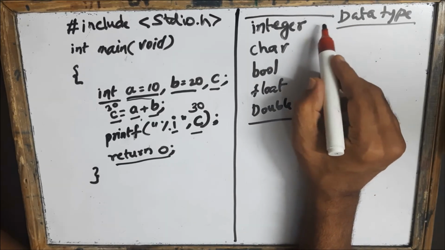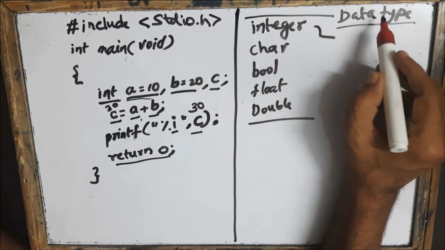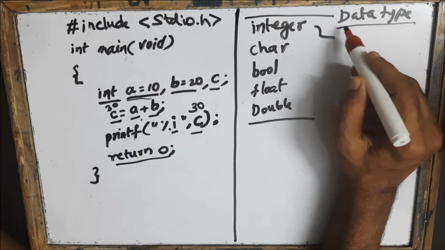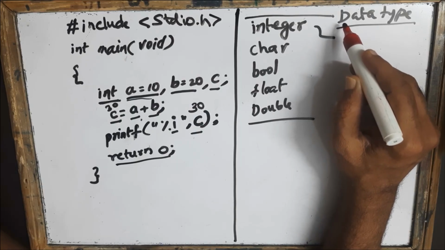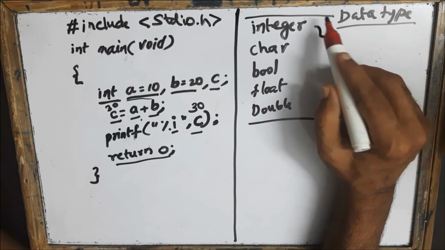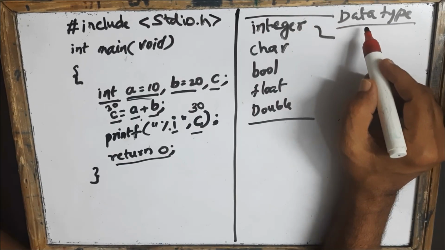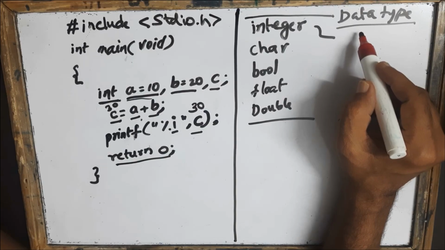So for integer, when we need the data type integer, that means if you want to take any natural numbers, this actually depends on the CPU width. We will try to understand CPU width later.